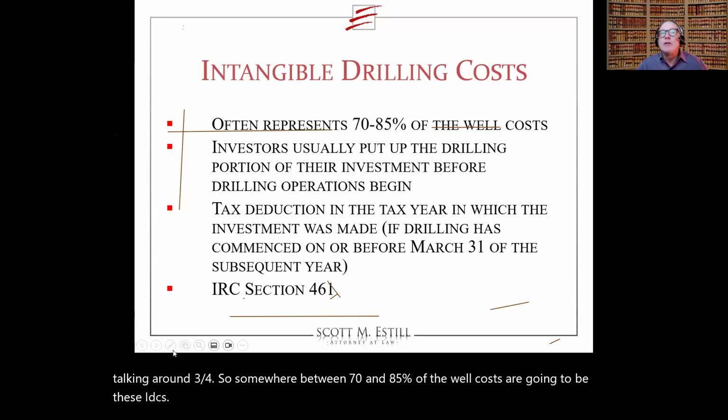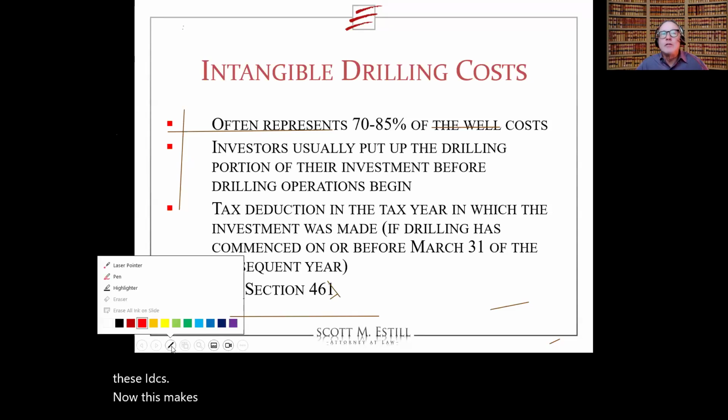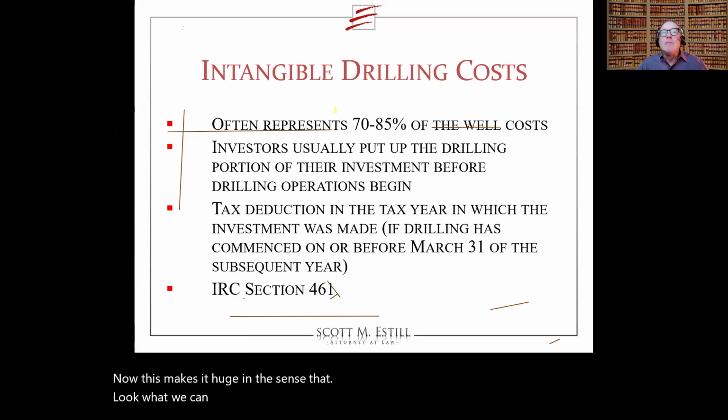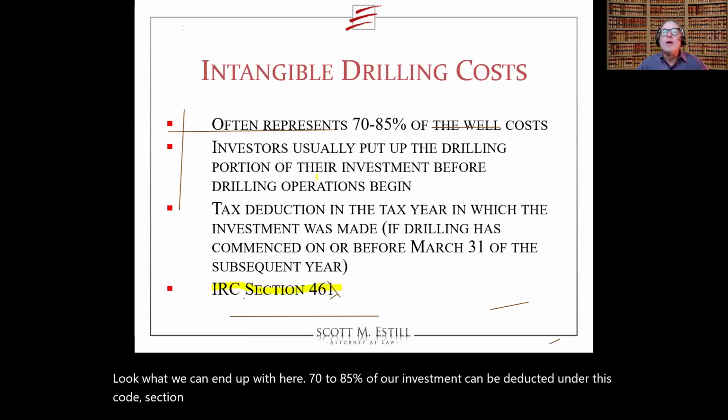Now, this makes it huge in the sense that look what we can end up with here. 70 to 85% of our investment can be deducted under this code section 461. And so in the first year, if I put up that $100,000, I may be able to write off 70 to 85,000 of that in the first year.